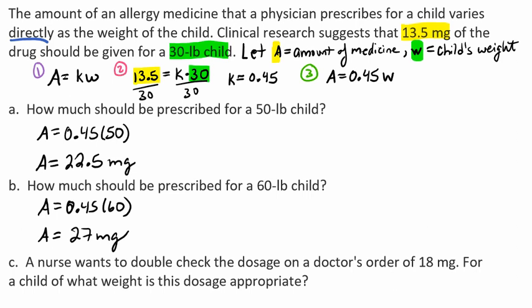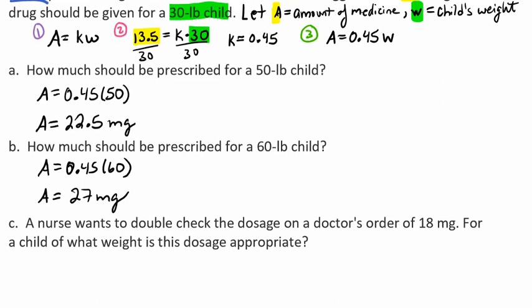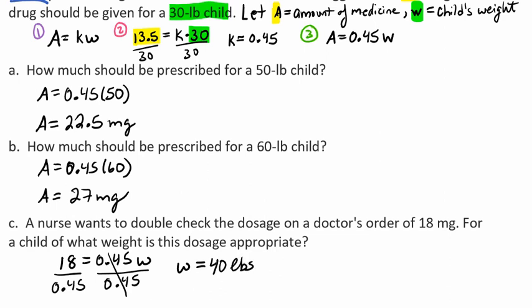So remember, the amount of the drug is our A value. So now what we're looking at is 18 equals 0.45 times W, and now we're looking for the weight. So I can divide both sides by 0.45 and get that W equals 40 pounds.